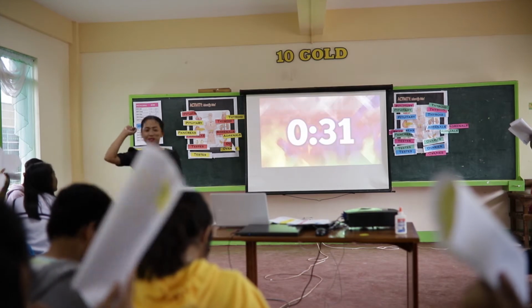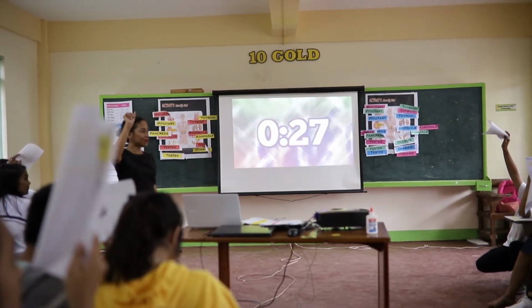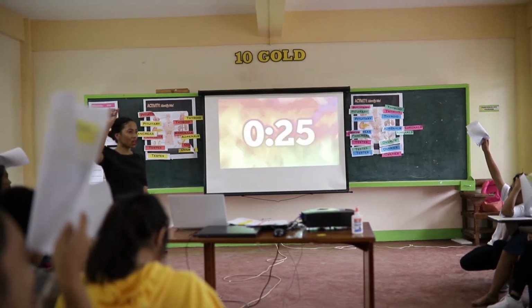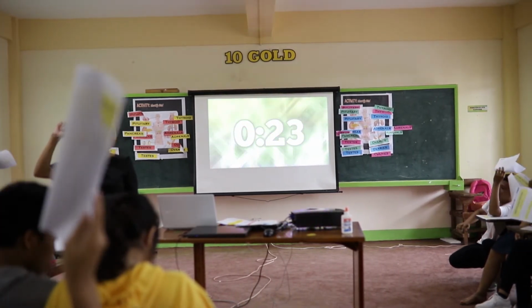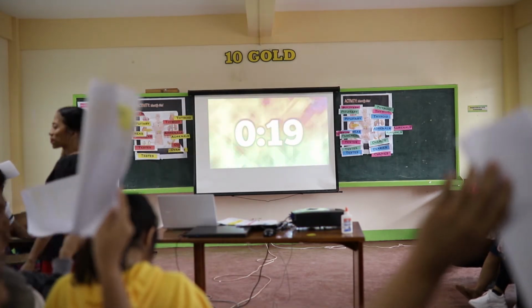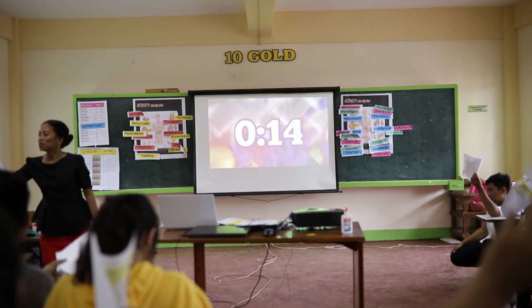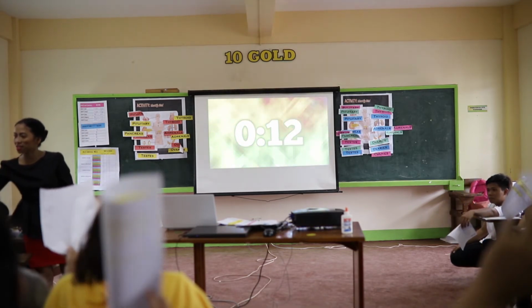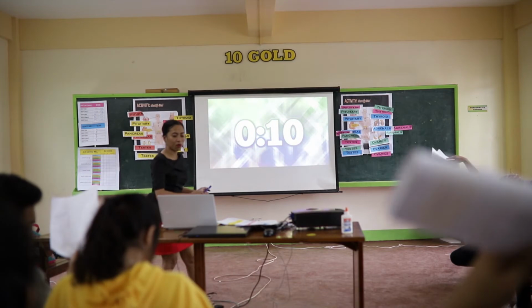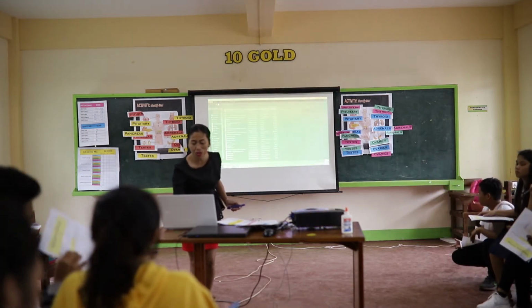We'll wait for others. Shanain is done. Daryl, how about you? Okay, very good. How about you, Cassie? Are you done, Cassie? Okay, so let's check. Very good. You finished ahead of time.